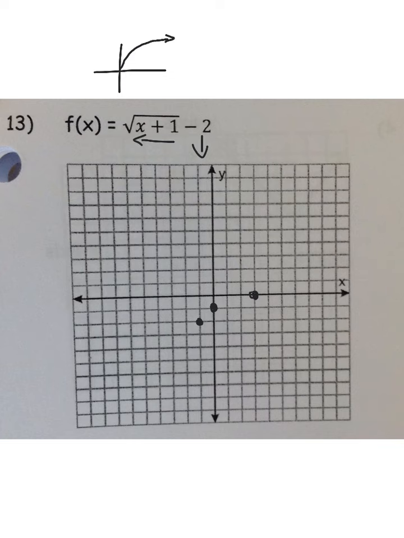So right there. Then lastly, go back to that starting point and go out 9, up 3. Okay, so right there. And that is what your radical equation would look like.